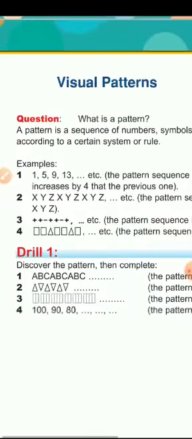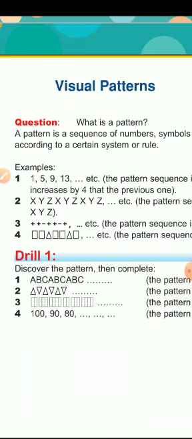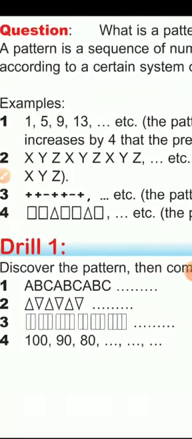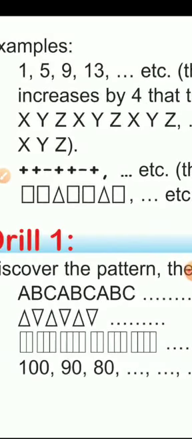Example number 3. We have some signs. Plus, plus, minus. Then plus, plus, minus. Here this pattern is what? Yes, repeating the first 3 signs. The first 3 signs here are what? Plus, plus, minus.